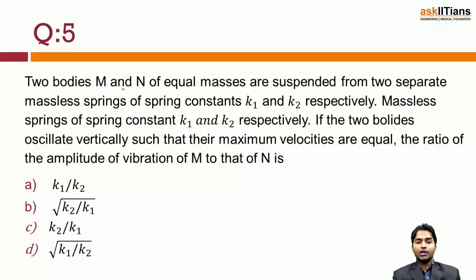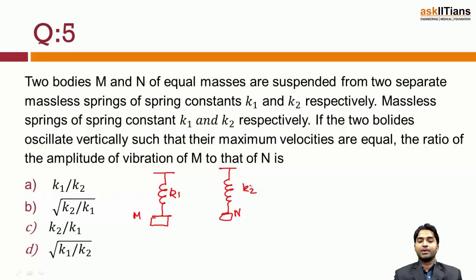In question 5, two bodies M and N of equal masses are suspended from two separate massless springs of spring constants K1 and K2 respectively.